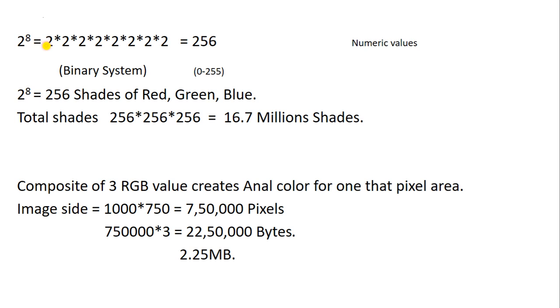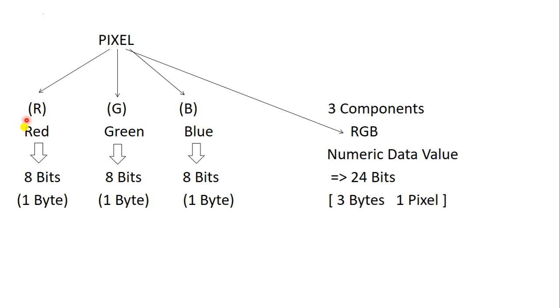If we see the answer, 2 into 2 into 2 into 2 into 2 into 2 into 2 into 2, that means 2 raised to 8. The answer will be 256. So 256 shades will be there in this red component.